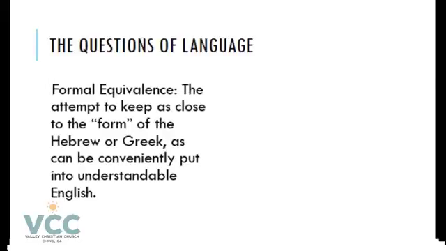There is a term called formal equivalence. Now, formal equivalence is the attempt to keep as close to the form of the Hebrew or Greek as can be conveniently put into understandable English. And you're like, what does that mean? Well, Greek in particular, let's just talk about Greek because it's probably the easiest one to talk about. Greek has a very different sentence structure than we have in English now.